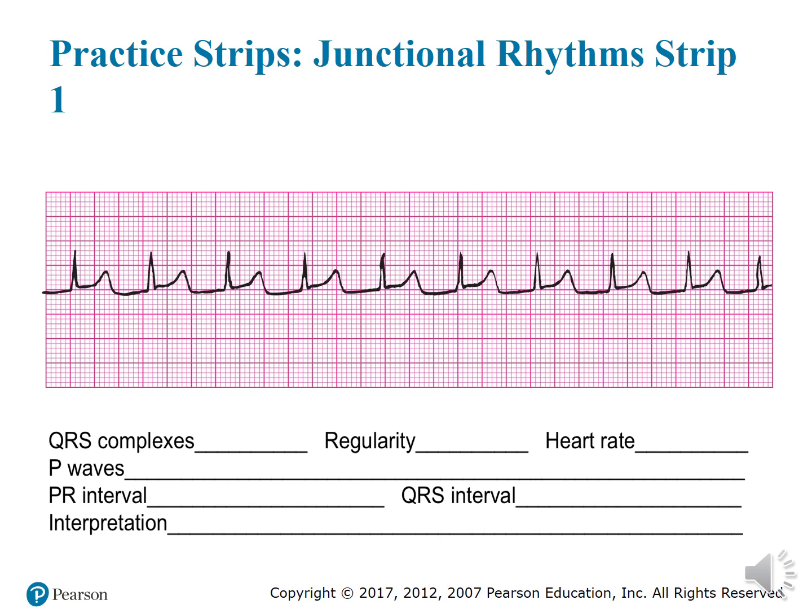Our regularity is regular. Our heart rate, we have to figure out our R to R. So that's 5, 10, 11, 12, 13, 14. Let's see, that's 4 little blocks. 4, 5, 10, 14, 15.